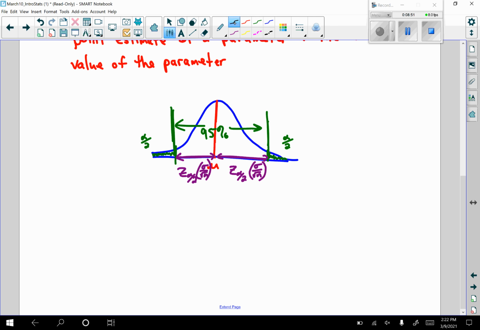So this can be interpreted as follows: this is the distribution of our sample means, and 95% of sample means will be within this error value on either side of the population mean.